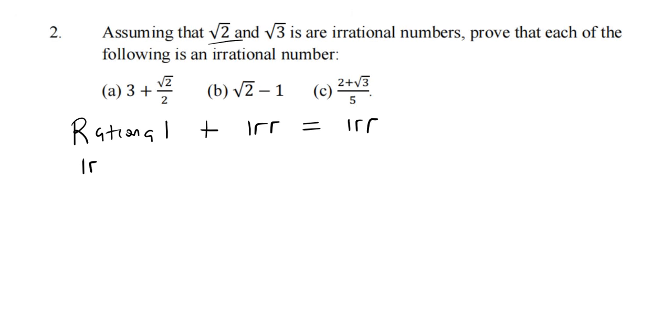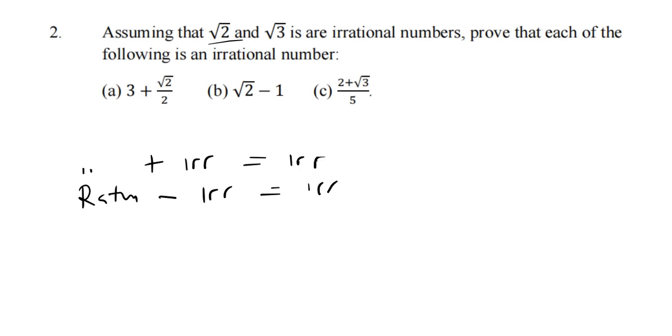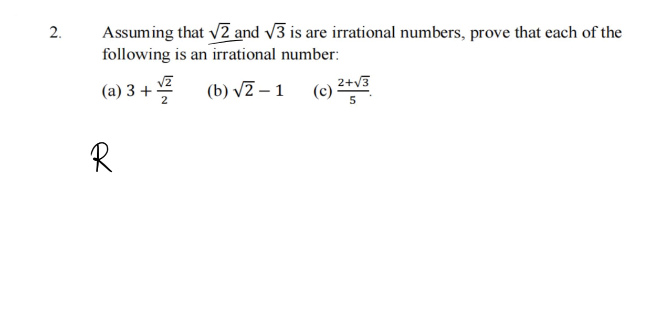Then even if we have a rational number and we're subtracting an irrational number, we're still going to get an irrational number. That is also very important for us to understand. Then a rational number plus a rational number will always give us a rational number. Okay, so basically these are some of the basics.